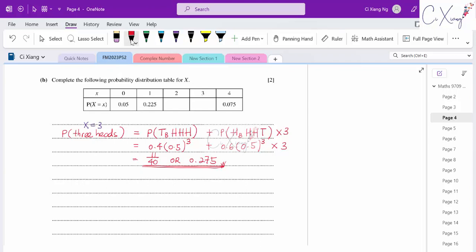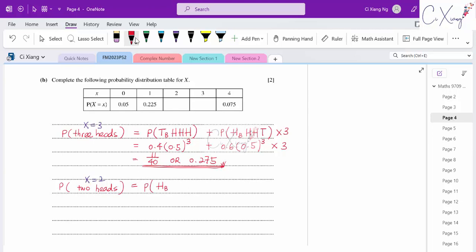So now we proceed to the case where I have 2 heads, where X equals 2. To get 2 heads, again, we list out all the possible results first. The first case is that for the biased coin, I get a head.